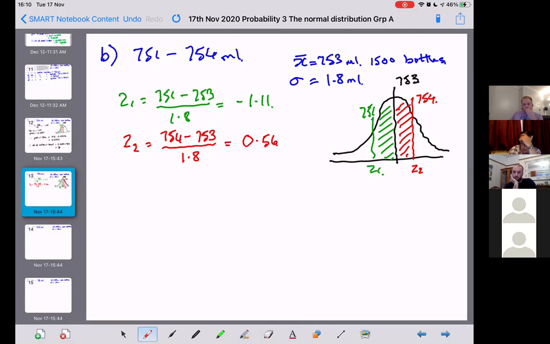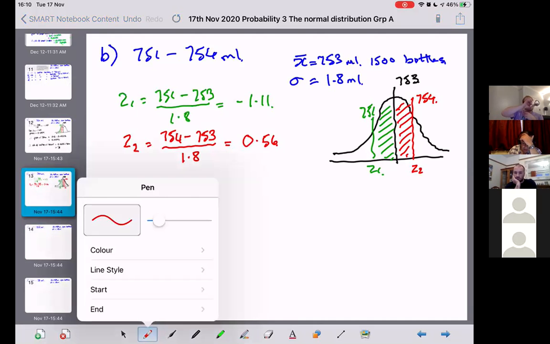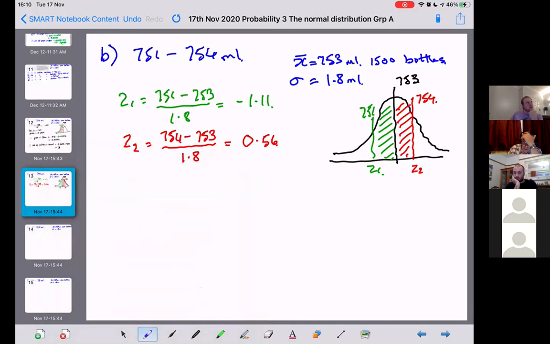The values in the table for minus 1.11 and 0.56 are 0.3665 and 0.2123.